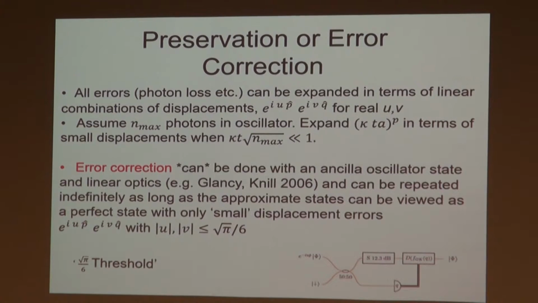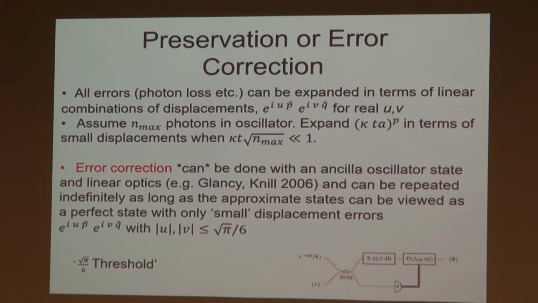So you're not necessarily saying that you can't come up with a scheme to protect against large n. You're just saying that this approximation doesn't work. Well, it depends on the rate at which the errors occur, right?